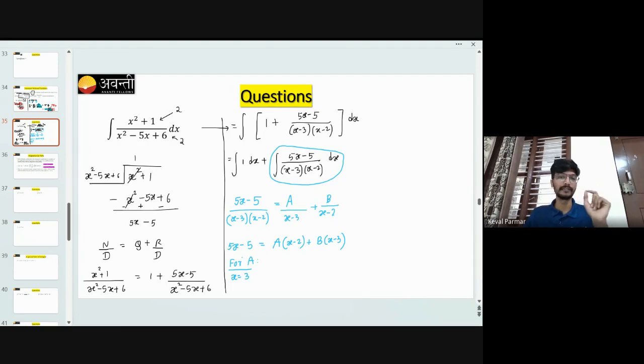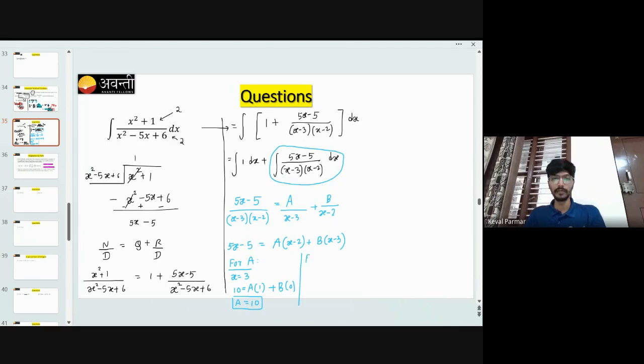On the left hand side I'll get 5 threes are 15 minus 5, 10, equals a into 3 minus 2, that is 1, plus b into 0. So a is equal to 10.